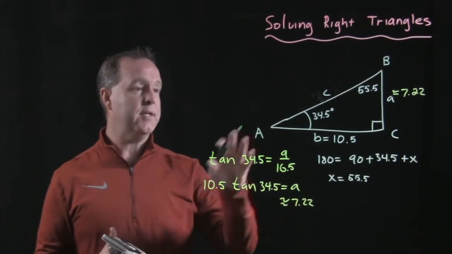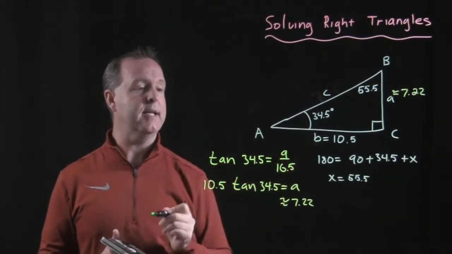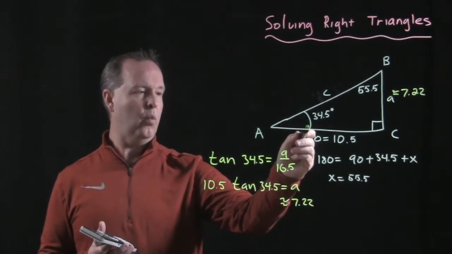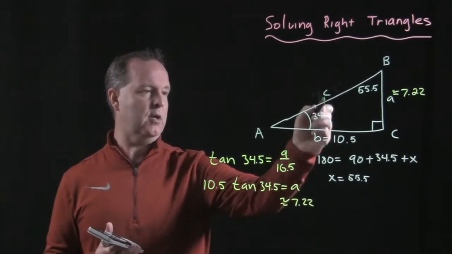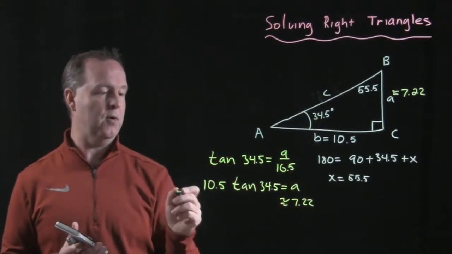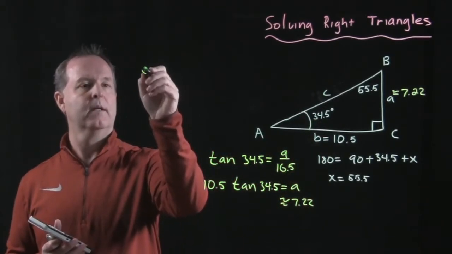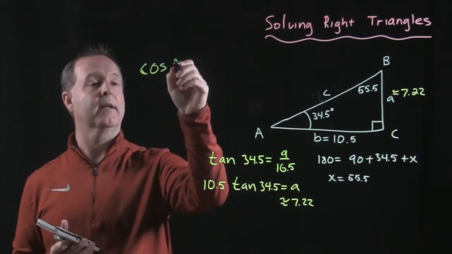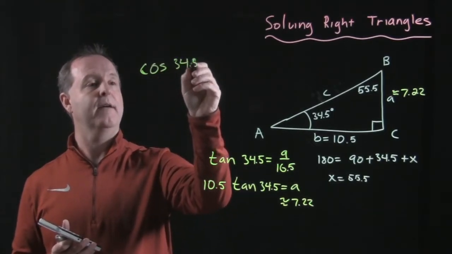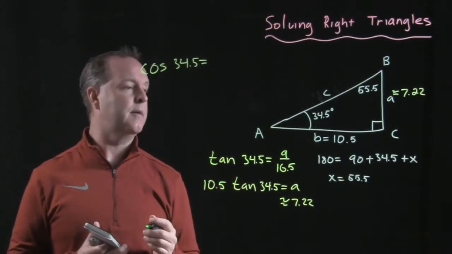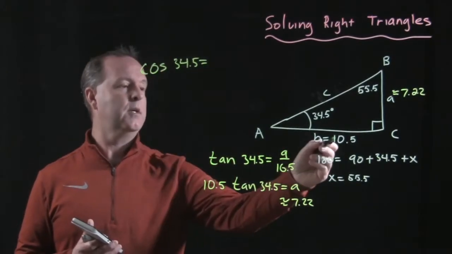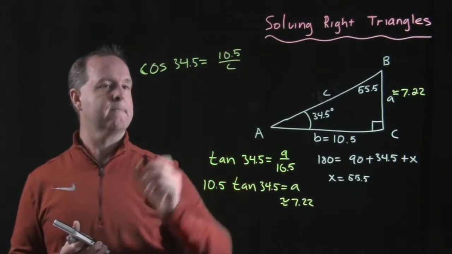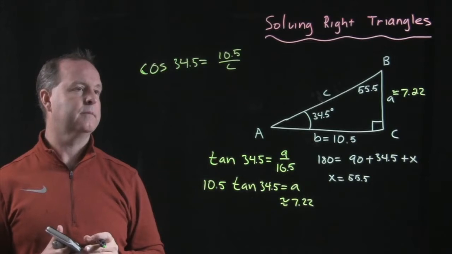All right, and we just have one last piece left to find, C. So let's figure out from this angle, what measurements can I use to help me determine the B and the C? I think cosine is a good choice, because the cosine of some angle, in this particular case 34.5, equals adjacent over hypotenuse, which is adjacent 10.5 over the hypotenuse.